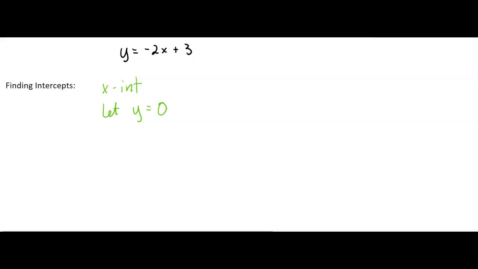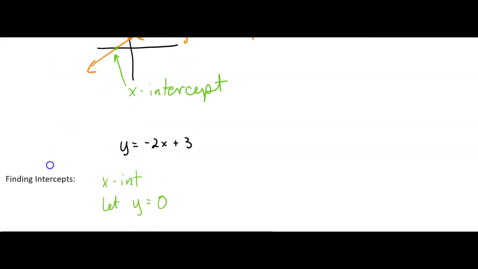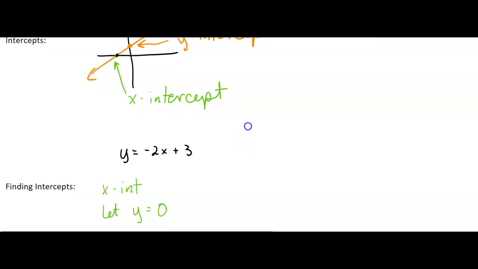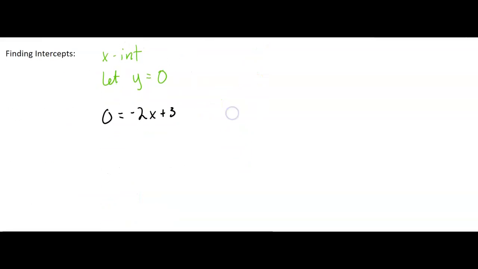Then to find the x-intercept, you let y equal 0. Because if you go back and look, what are going to be the coordinates for that point? Some number on the x-axis, but then 0 for y because you didn't go up or down. Okay, so I'm trying to bring it together there for you a little bit.